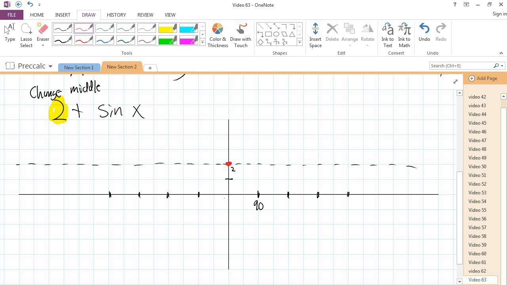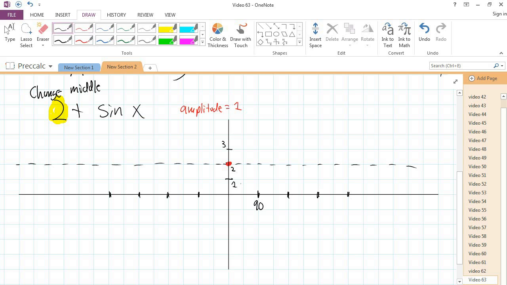Now, the amplitude of sine is 1. So this graph has an amplitude of 1. That's taken from the middle, meaning from the middle, from 2, I'm going to go up 1 to 3 and down 1 to 1.